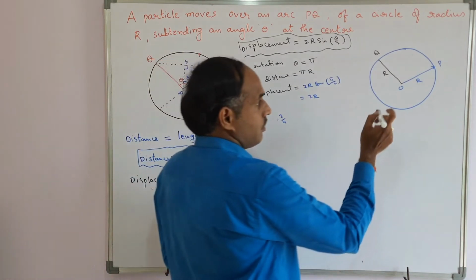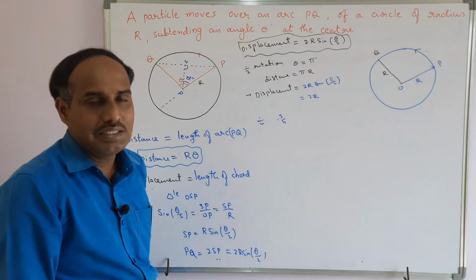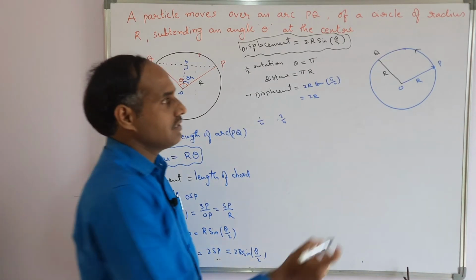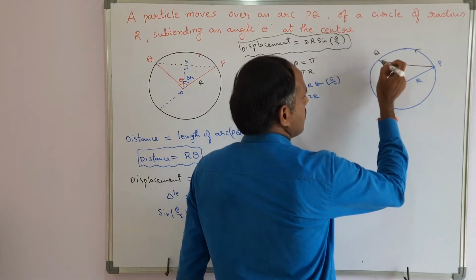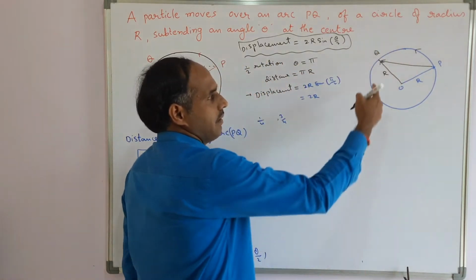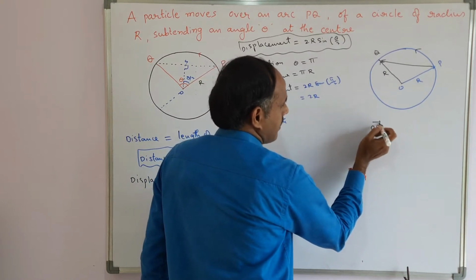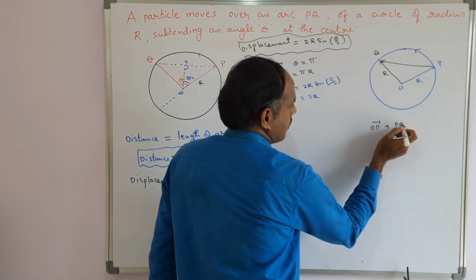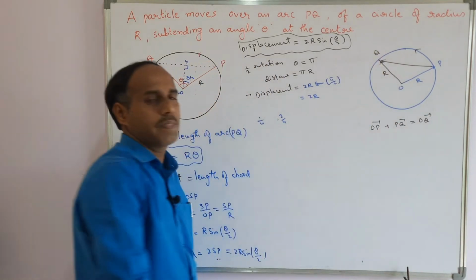Now as it moves in the anti-clockwise direction, the line joining the initial point to the final point gives the displacement. Means here according to vector addition, can I write OP bar plus PQ bar is equal to OQ bar? Why?